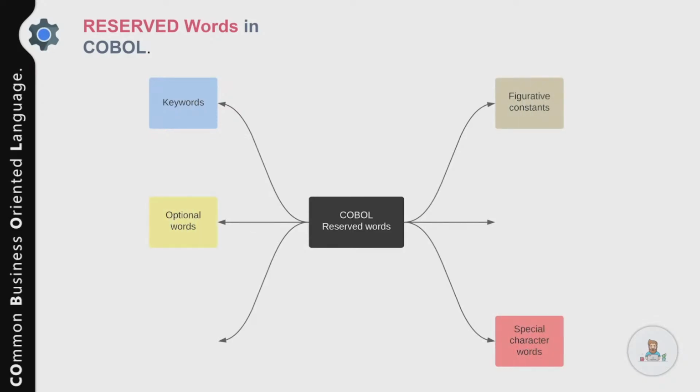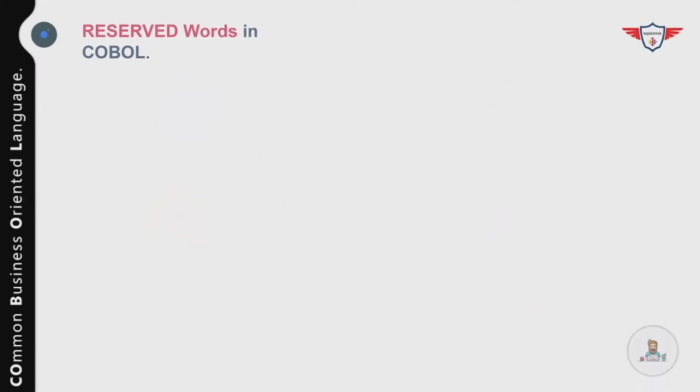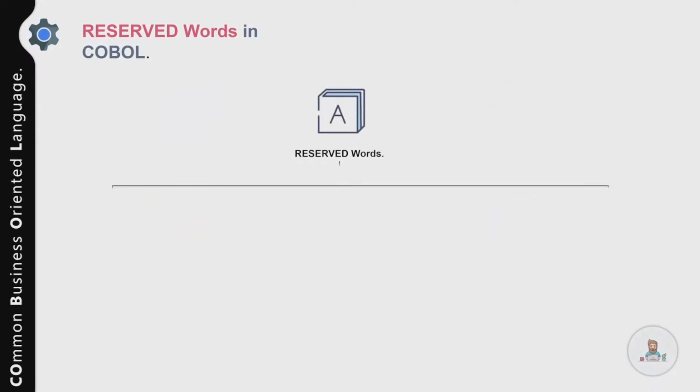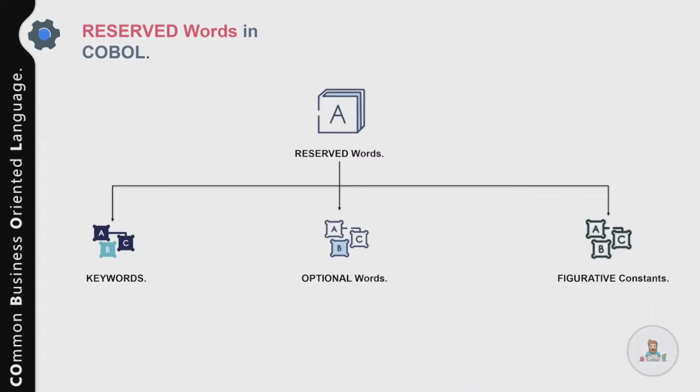First one is keywords, second one is optional words, third one is figurative constants, fourth one is special character words, fifth is special object identifiers, and the last one is special registers. But we will be focusing on the first 3 important reserved words. So first one is keywords, second one is optional words, third one is figurative constants.